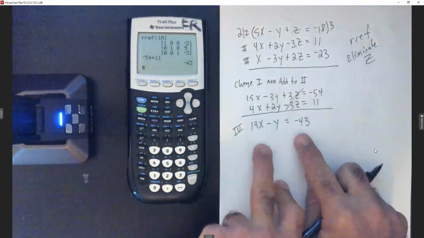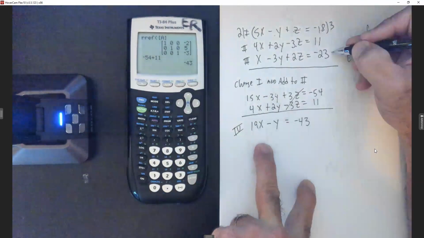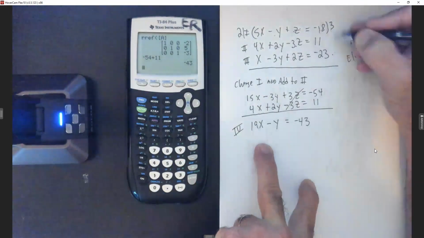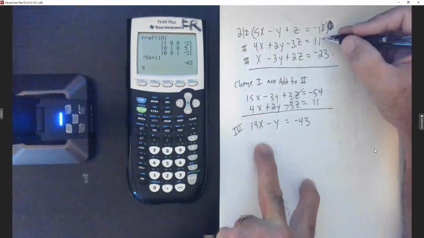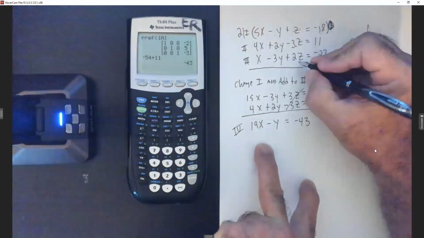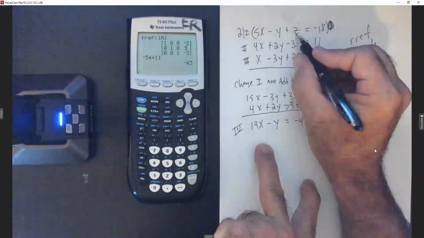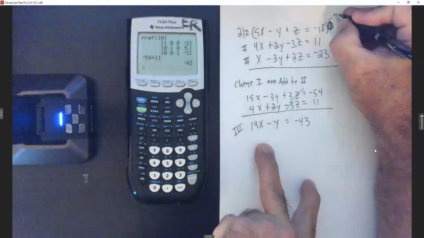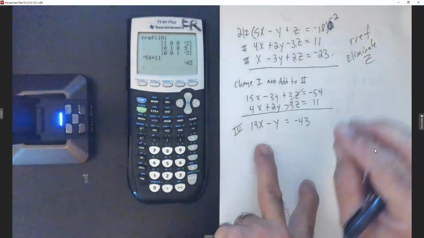Now, here's the trick. I must use row 3 with either one of these rows here to get rid of my z still. So since this one has a 2, I'm going to take row 1 and multiply them by a negative 2. That way I'll have a 2z and a negative 2z. That'll cancel.